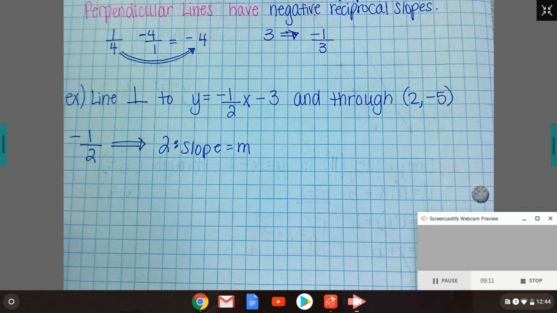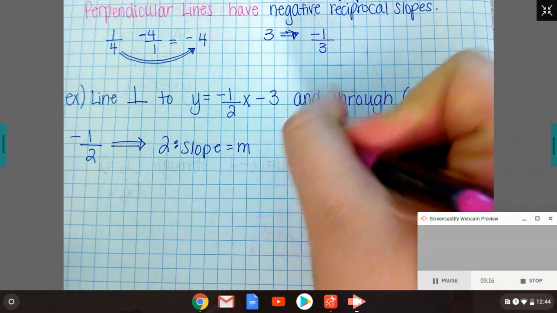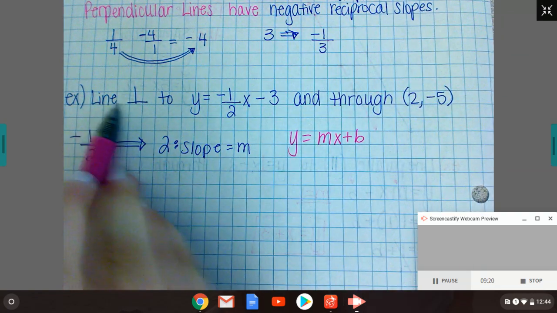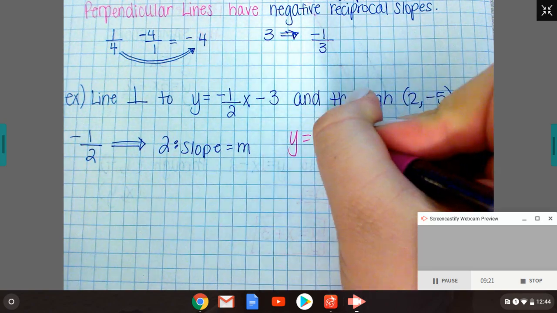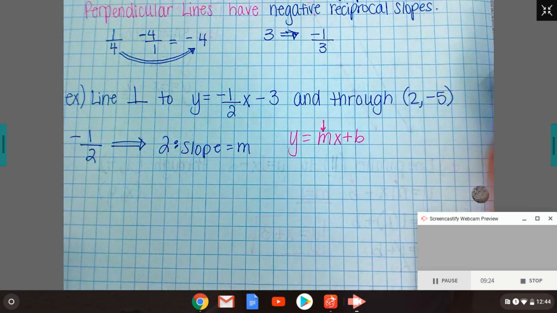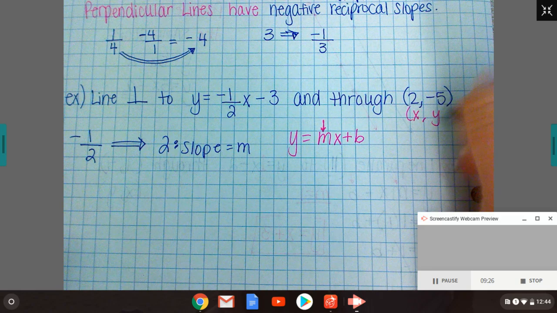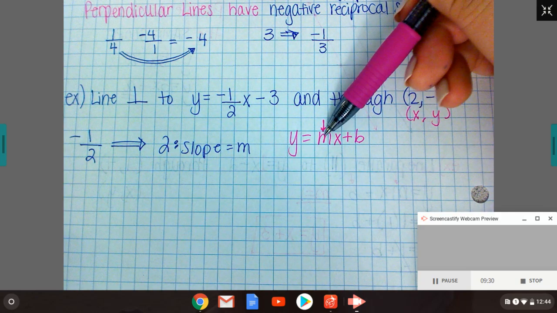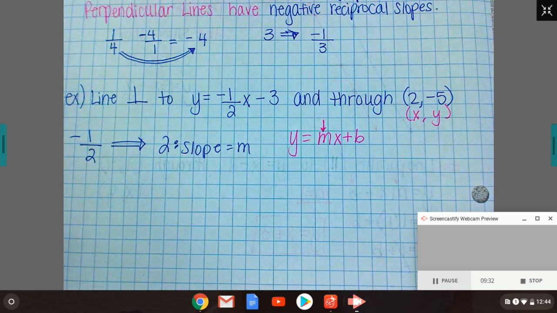So m is 2. And I'm trying to get into y equals mx plus b again, because I want a line. So I've got my m, and I don't have my b yet, but I do have an x, y. So I'm going to do the same thing as before and plug in my x, my y, my m to get my b.